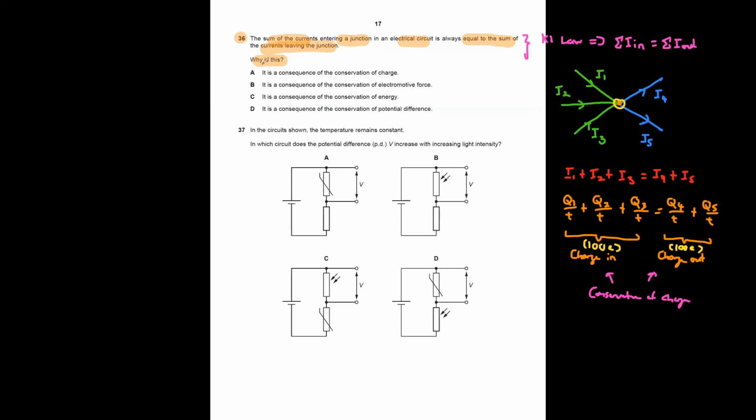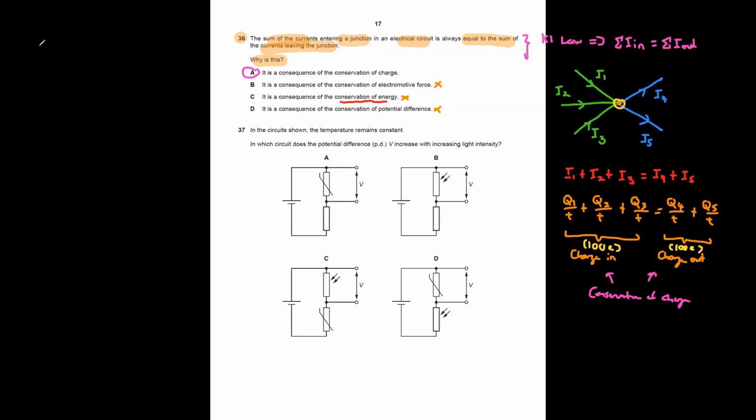Why is current going into a junction equal to current out of a junction? It is a consequence of conservation of charge. The rest of the answers, saying it is a consequence of the conservation of EMF, conservation of energy, or conservation of potential difference, are not relevant. Now, specifically, conservation of energy is related to Kirchhoff's second law.